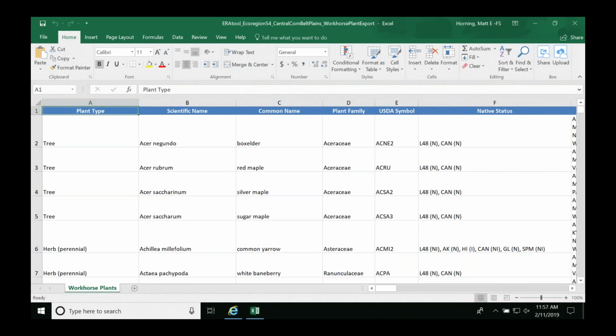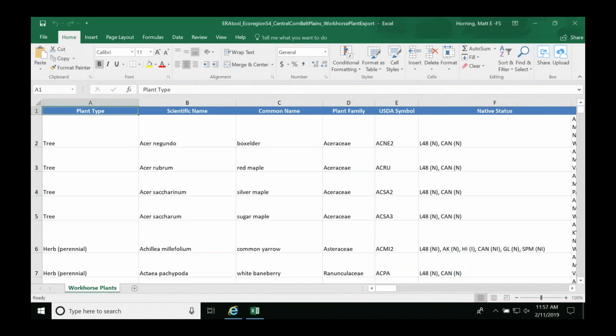I should also mention, on the website, there's a data source tab that shows you what went into the pollinator data, and there's a lot of peer-reviewed literature that was read and tabulated to populate some of these fields. So you can look at some of the original resources to see what went into deciding whether something had a high pollinator value or a low one. But you can download the data to Excel.